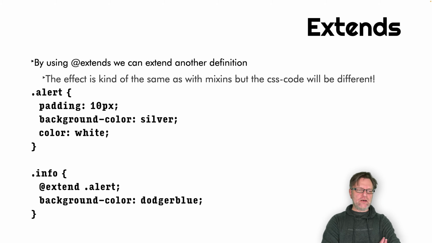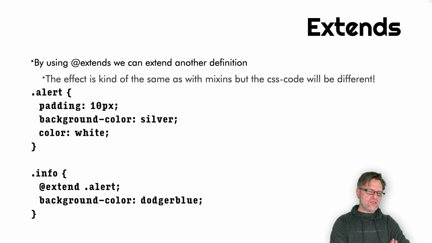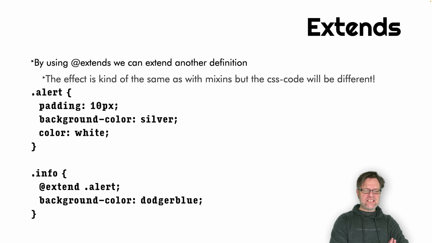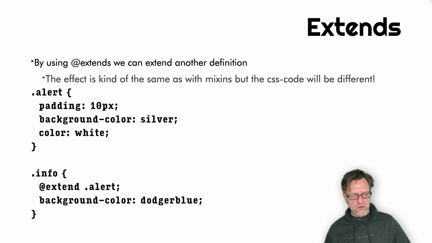So, for example, here we have defined an alert class with some settings, and then we have also an info, but then we changed the background color on that one. So we extend the alert. So that means that the info will have all the same as the alert, but also add the background color. And the CSS code here will look different compared to when using a mixin, and we will try this.